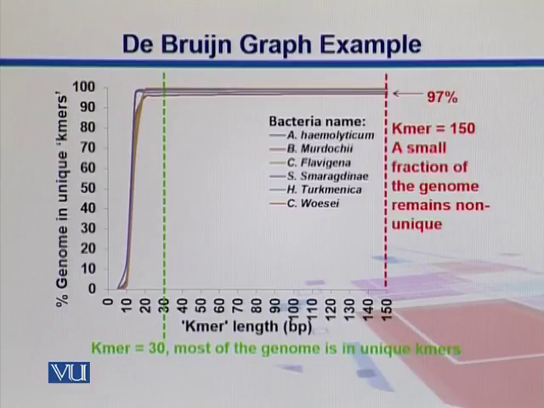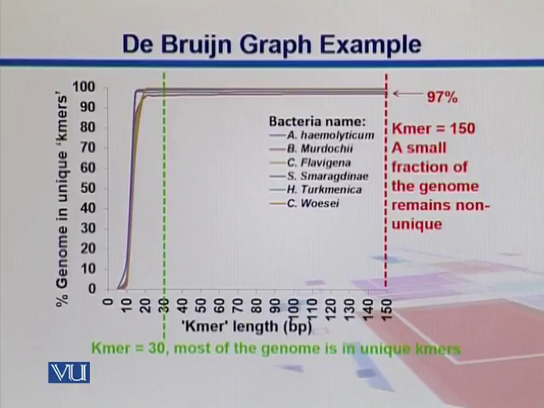And if we increase up to 90, around k-mer size of 150, still you cannot capture the whole genome. Still there is some genome that remains non-unique. So increasing k-mers might not be the most optimal solution. It can be approximate, but generally you can use k values around 30.